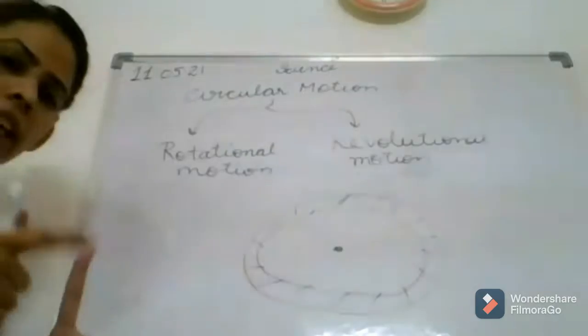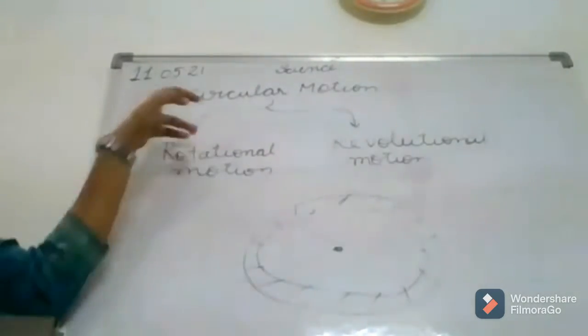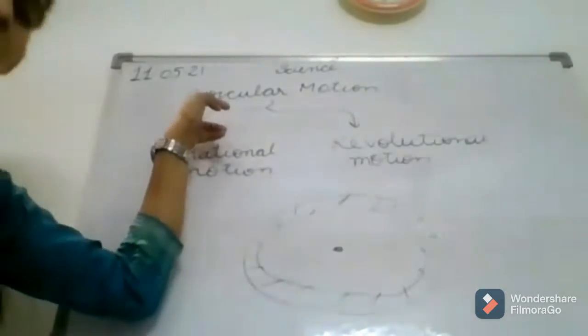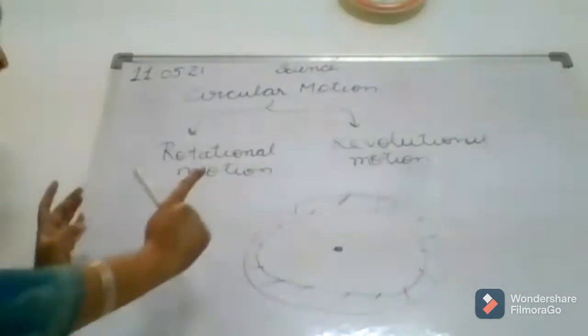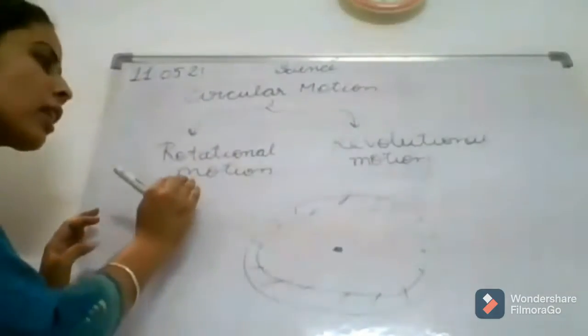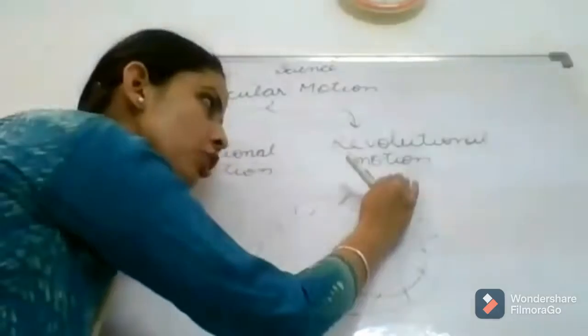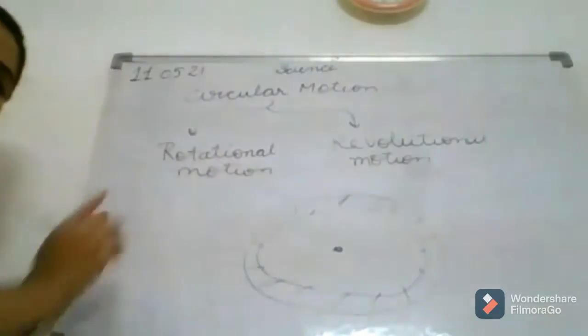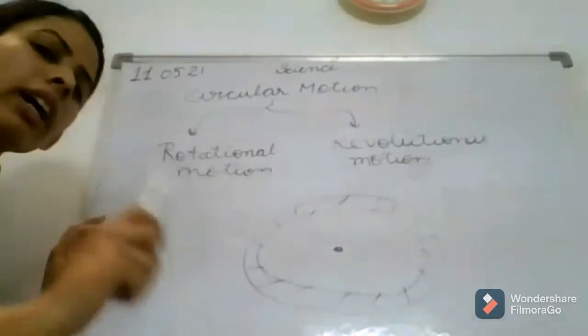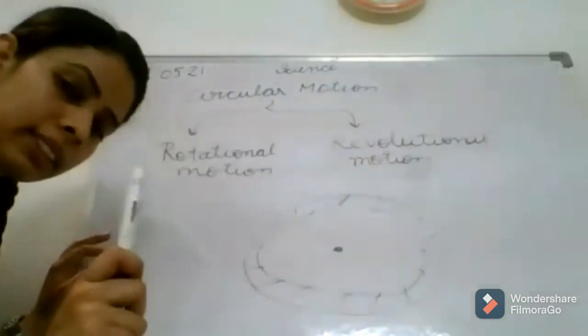Students, we have discussed circular motion. When an object is moving in a circular path, it is further divided into two parts: rotational motion and revolutional motion. In rotational motion, the object moves along a particular axis.